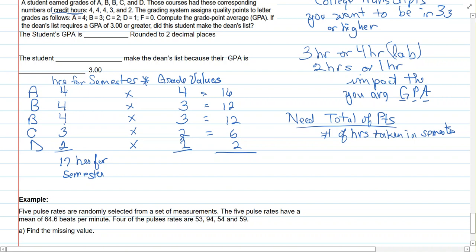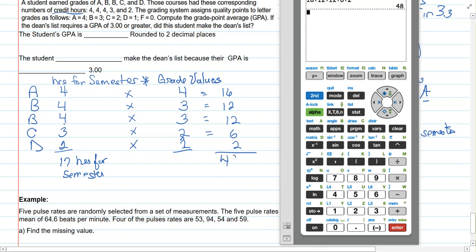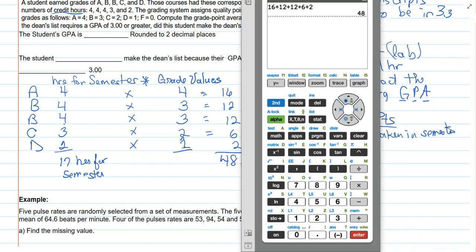So I'm going to take my calculator just not to make a mistake, even though I have been on the tables, and I apologize for that. 16 plus 12 plus 12 plus 6 plus 2. Enter. I get 48. Now I'm going to do the total number of points, 48, and divide by the semester, 17. I'm going to need my calculator.